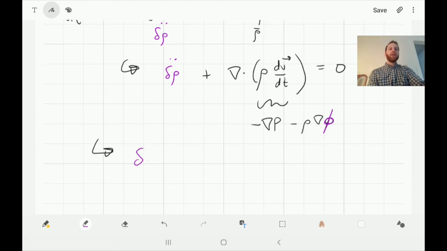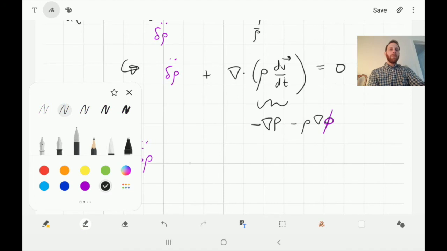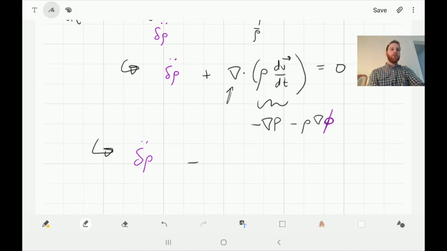So we've got delta rho double dot, and then minus this divergence acting on this gradient gives you the Laplacian squared on pressure, and the same thing happens with this one. Again, that derivative acting on this rho is actually just rho bar plus a small perturbation, and so we're ready to insert that.